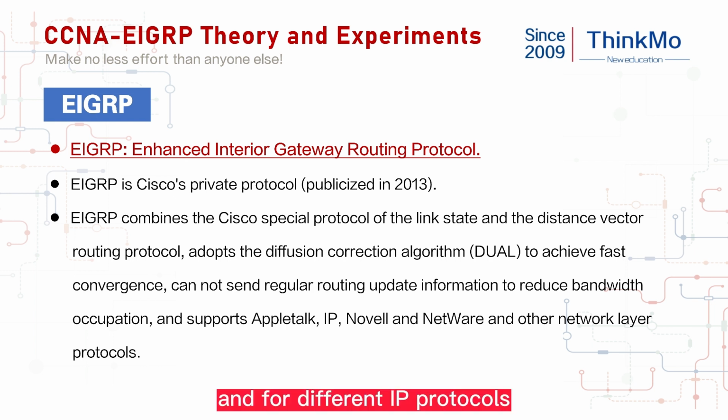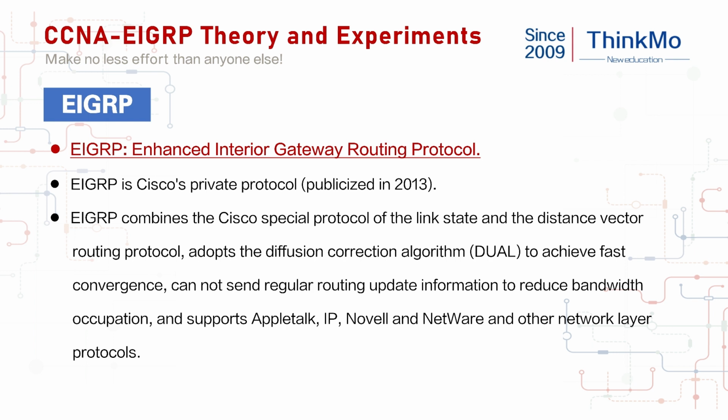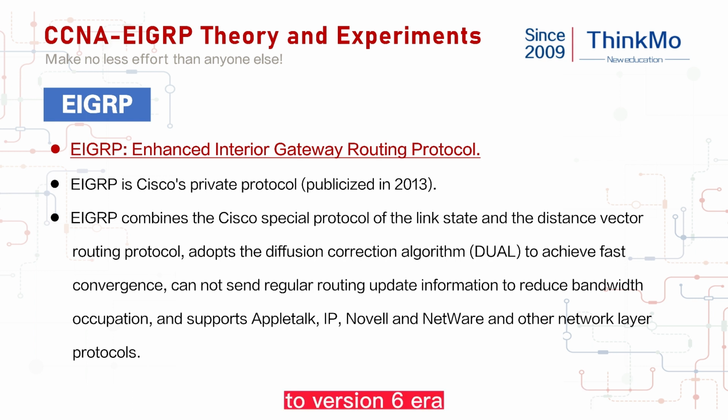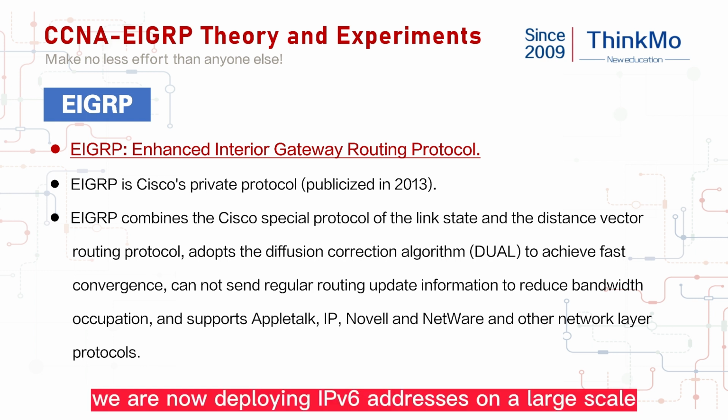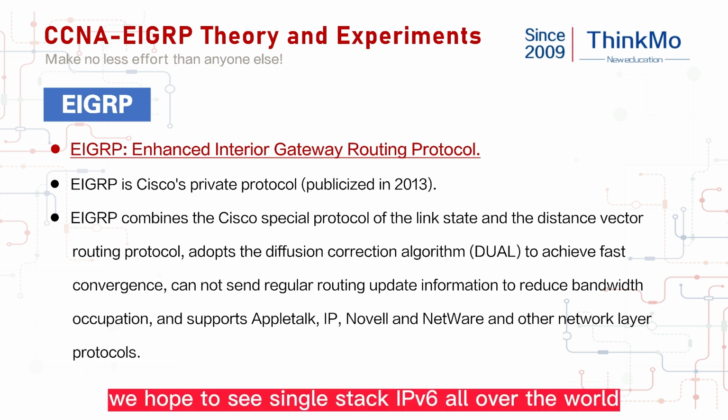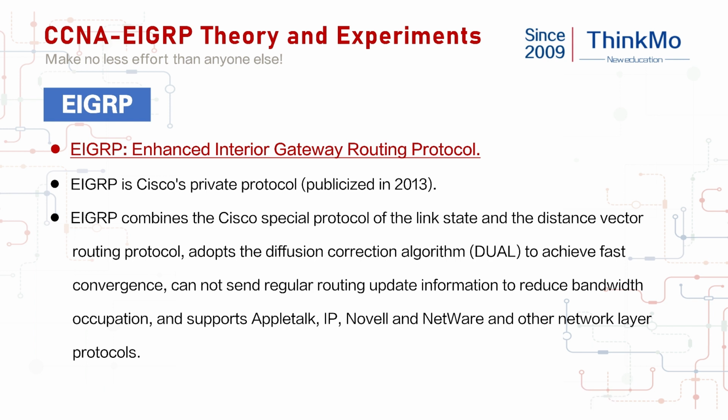And for different IP protocols, what it serves is also different. So, if the future really migrates from version 4 to version 6, we are now deploying IPv6 addresses on a large scale. This is the overall transition. If in the future we hope to see single-stack IPv6 all over the world, relatively speaking, it is still relatively long, it has to be decades.